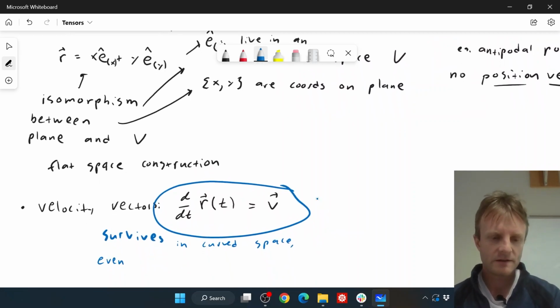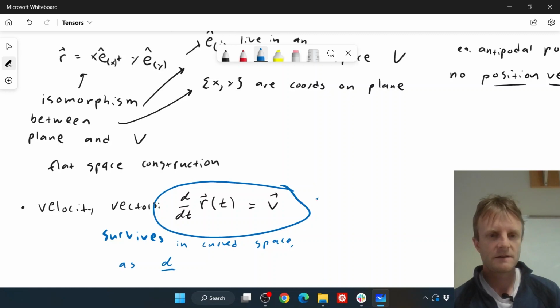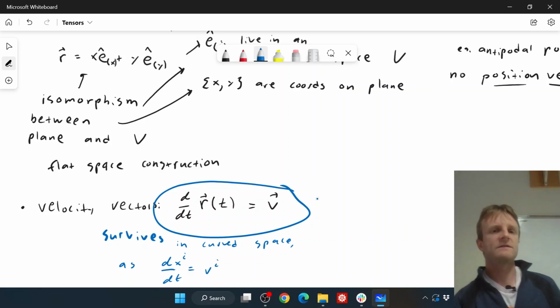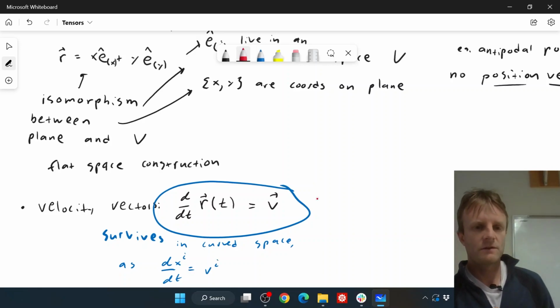Maybe I should say it survives in a curved space as dx^i/dt = v^i. So we don't think of these coordinates as vectors. No, these are no longer considered vectors. These are just coordinates, but this is still a good vector.